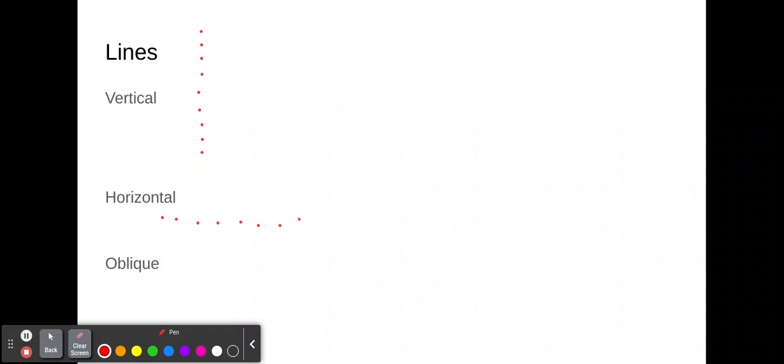Those are not very perfect, but they get you the idea. An oblique line is going to be anything else. An oblique line is often called a diagonal line. In geometry terms, we're going to call it oblique, but it's the same idea.